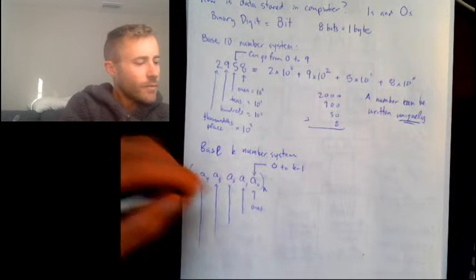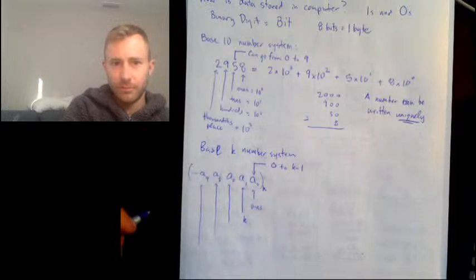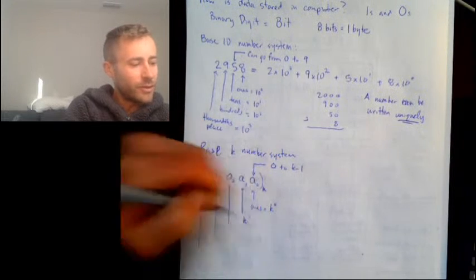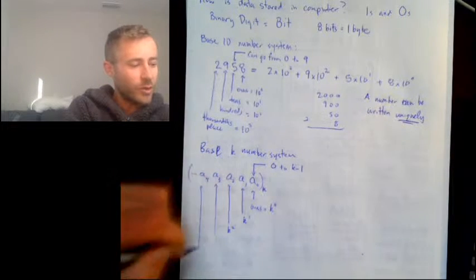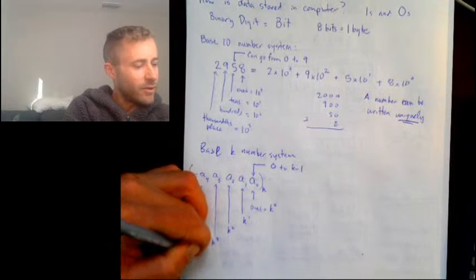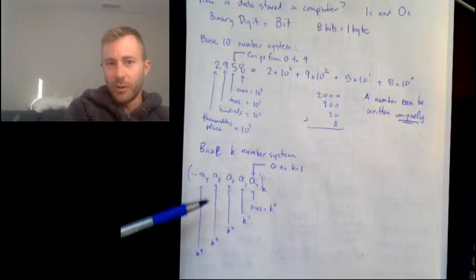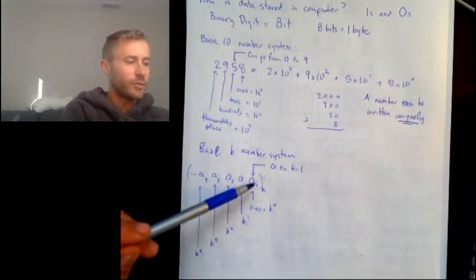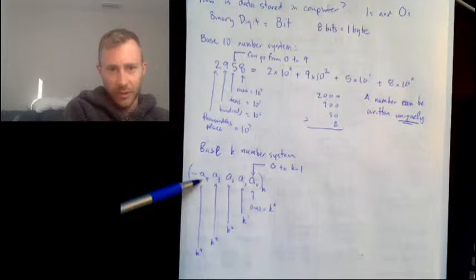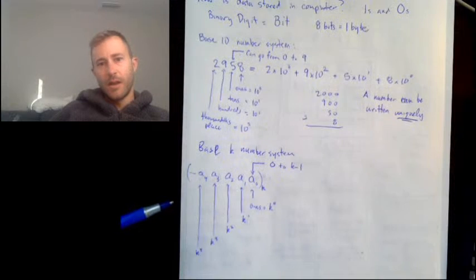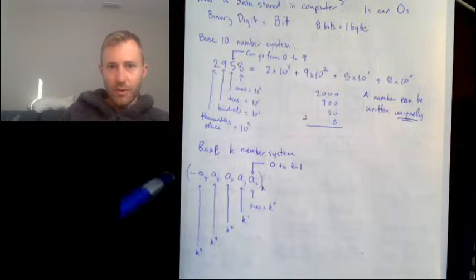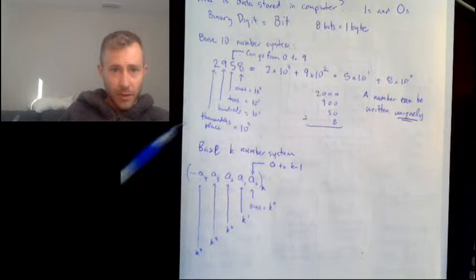So the ones place is the k to the 0 place. This is the k to the 1 place, the k's place. This is the k squared place. This is the k cubed place. This is the k to the 4th place. So for example, if we were talking about binary numbers, this would be the 1's place, the 2's place, the 4's place, the 8's place, the 16's place, and so on. So it just completely generalizes what we've learned in base 10.